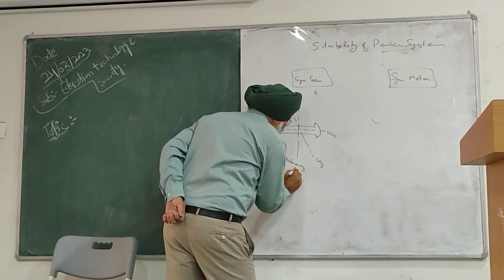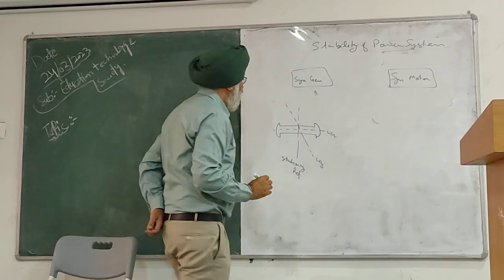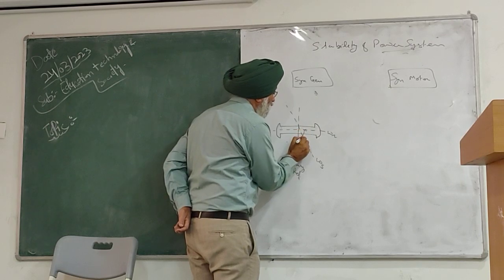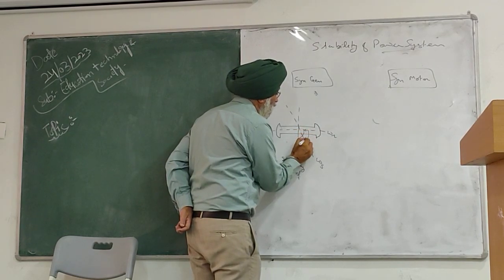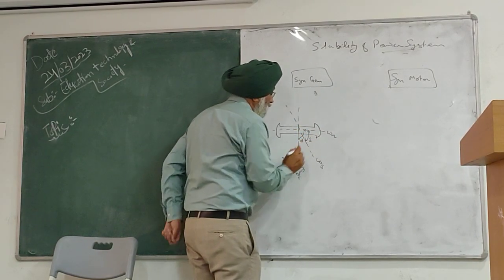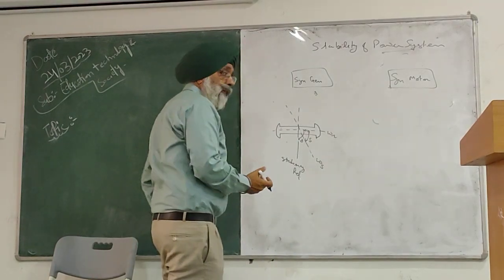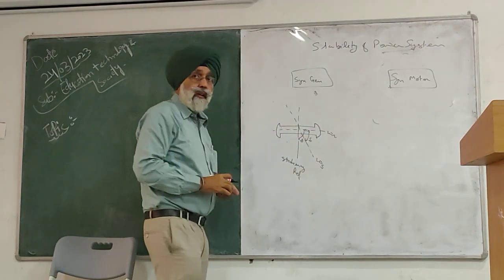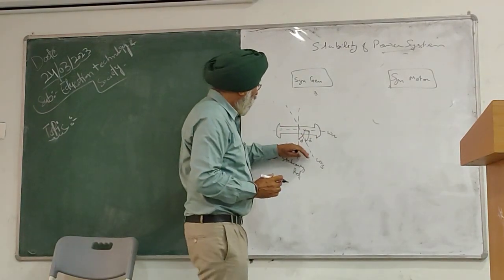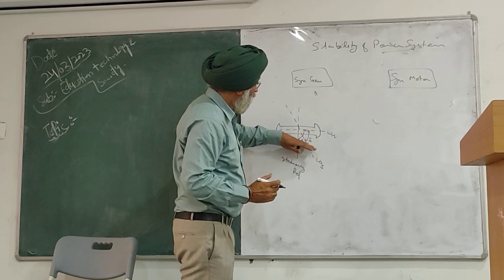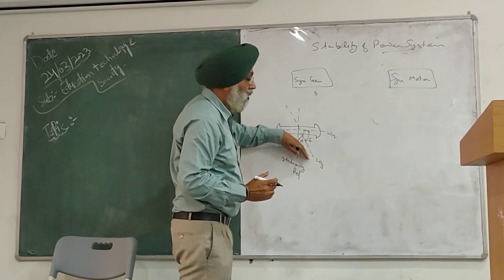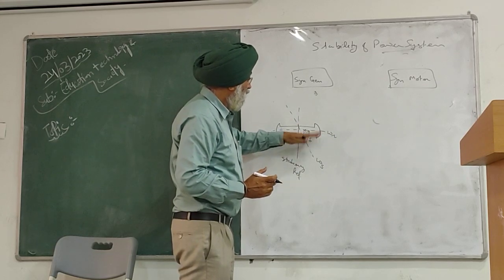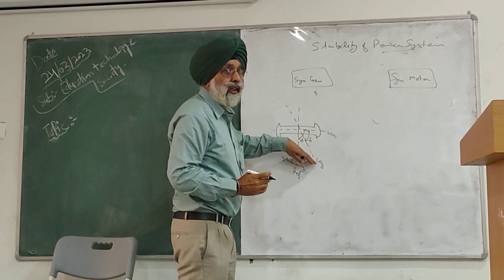stationary reactors. This angle is theta and this angle is delta. Means the rotor is ahead of the synchronous revolving field in case of the generator.